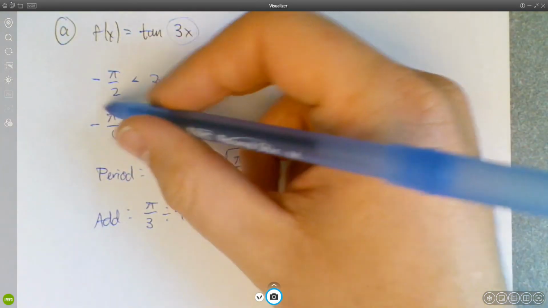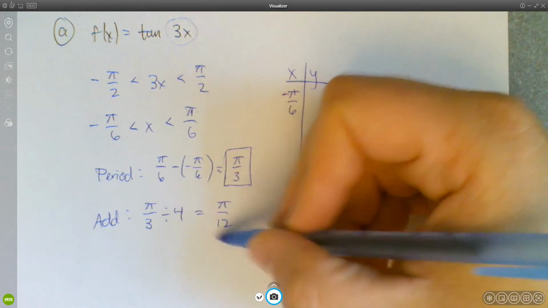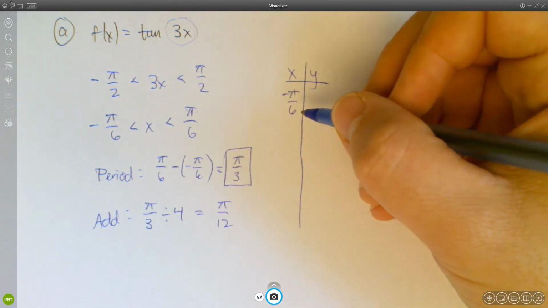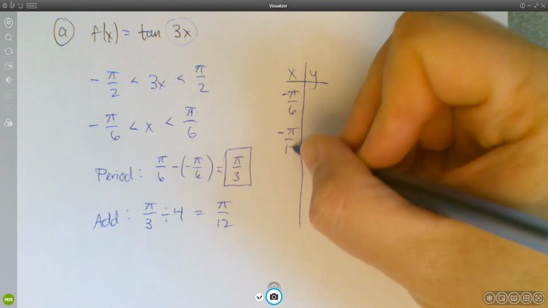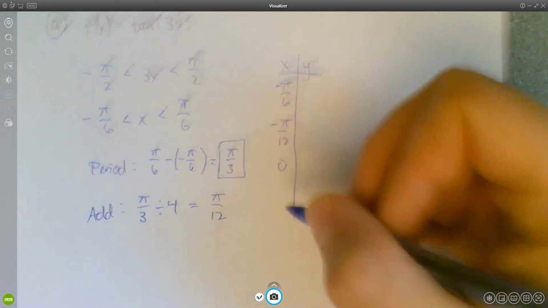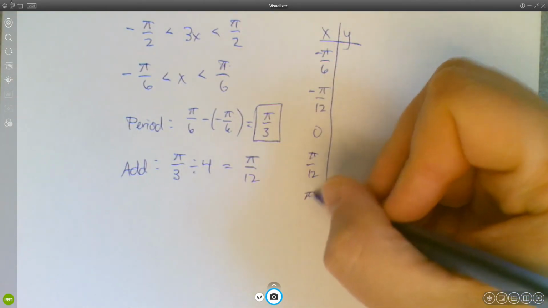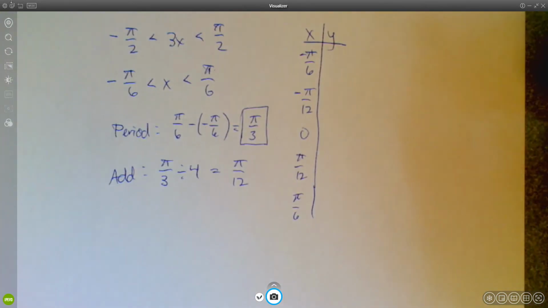I'm going to start at negative pi over 6, and then I'm going to add pi over 12. So negative pi over 6 is the same as negative 2 pi over 12, so if I add pi over 12, I'm going to get negative pi over 12. And if I do it again, I'll get 0. And then if I do it again, I'll get pi over 12. And if I do it one more time, I end at pi over 6, just exactly where I want to be.